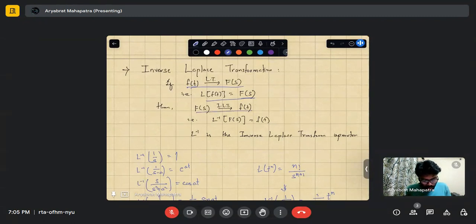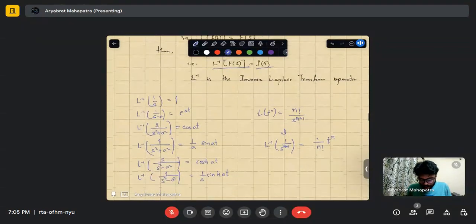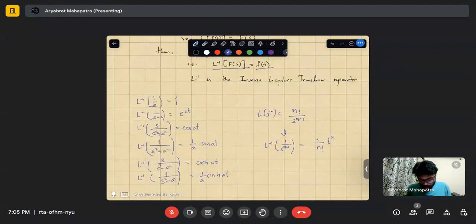Here you denote it with L inverse of f of s, which will give you f of t. The results I wrote down previously, if you just apply L inverse on them, you will get back to the function you were transforming.